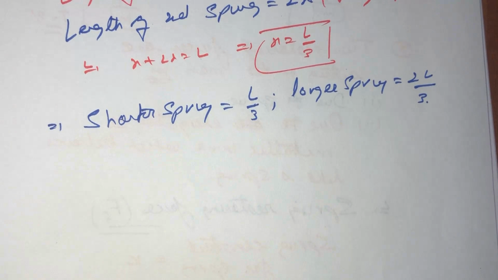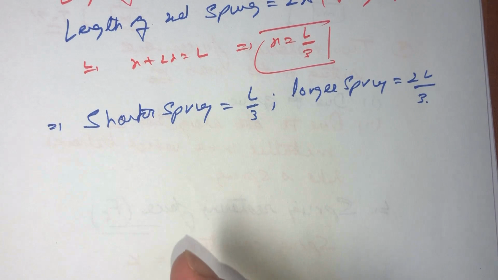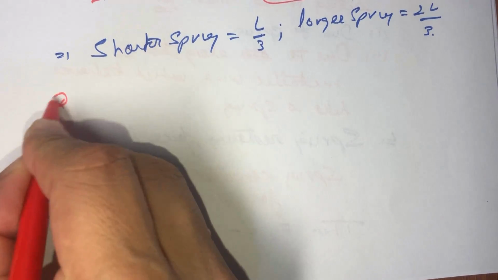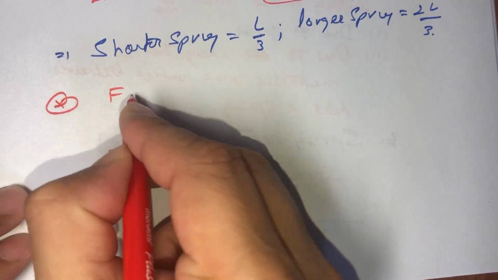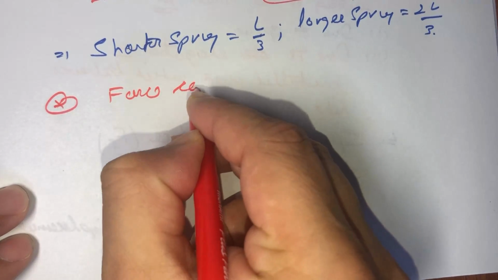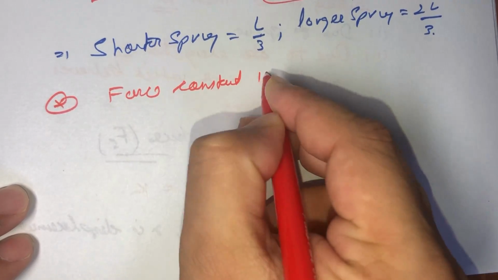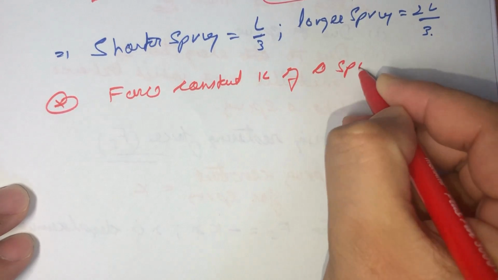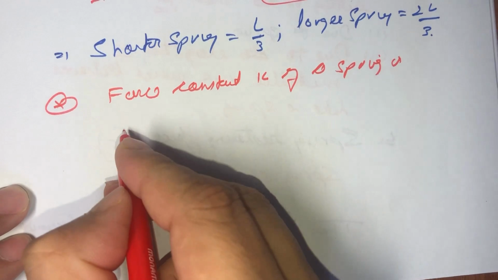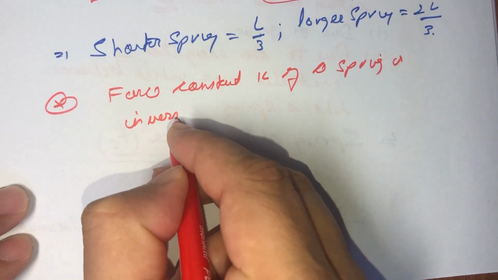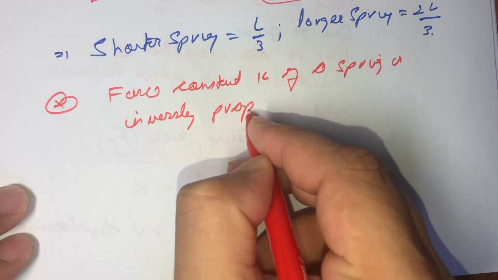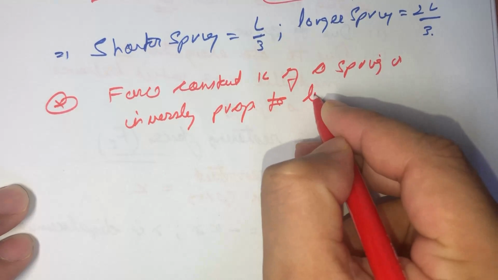And we know that the force constant K of a spring is inversely proportional to length.